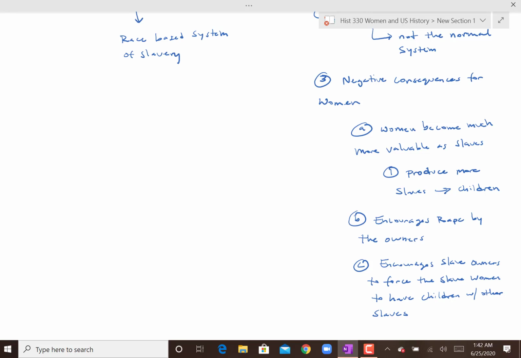Because of this law. And we're going to talk more about this when we talk about slavery in the South, because it's entrenched by that point. There's the anxiety of having daughters and raising daughters and knowing the potential of what's to come for them.